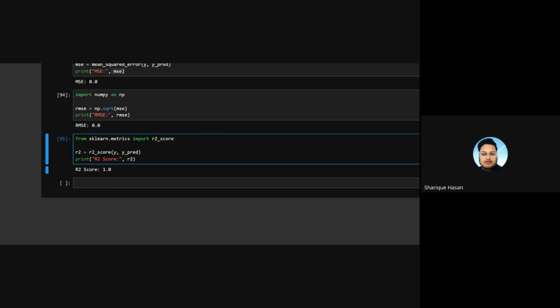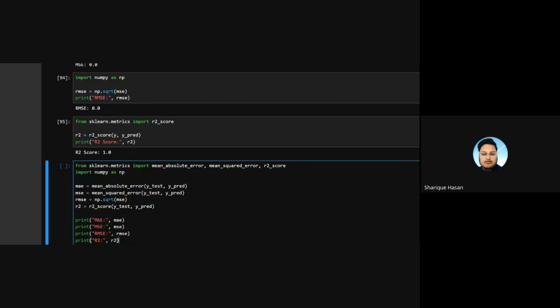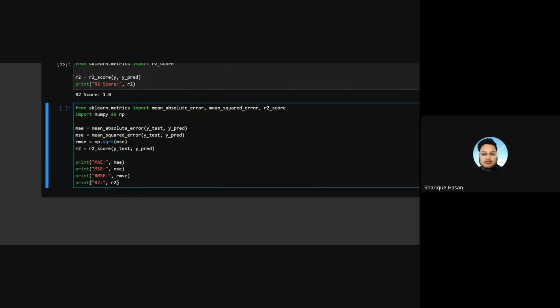Yeah, see, I explained it in different code, but you have to do all these things. You just have to add one piece of code to complete all four things in one. So you import from Scikit-Learn metrics mean absolute error, mean square error, R2 score, and import NumPy. Now we give this code for mean absolute error, mean square error, and R2 score.